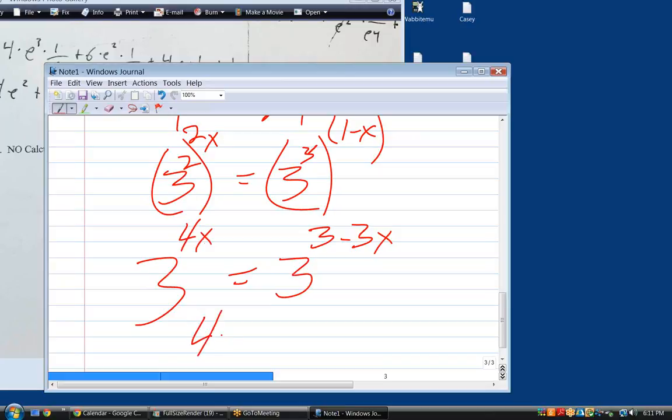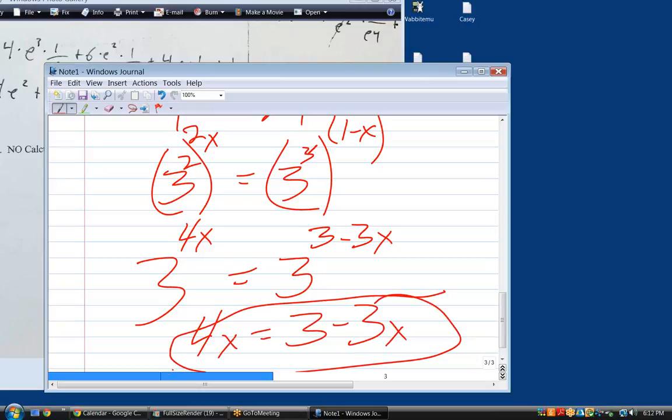This is kind of the reverse of what I was talking about just a minute ago. In other words, if I started with this, then I could say any number to the 4x power is equal to that same number to this power. So this solves relatively easy. You have 7x equals 3, x equals 3/7.